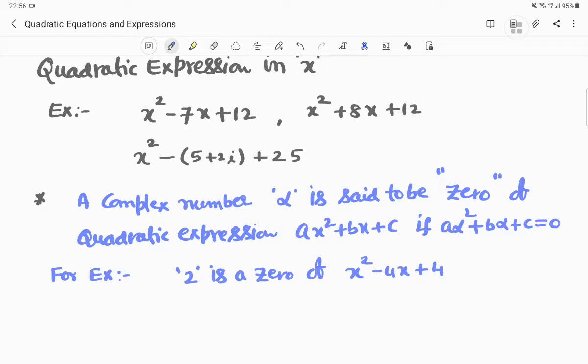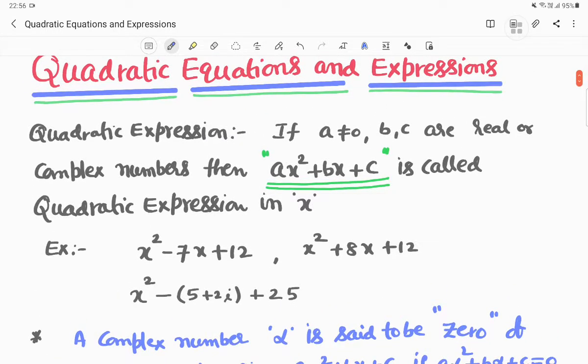Similarly, the quadratic equation. Same definition but a little change.